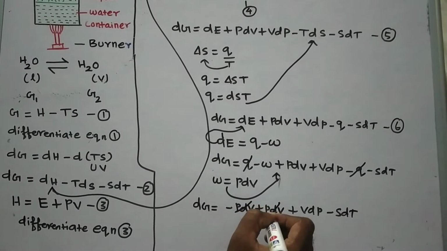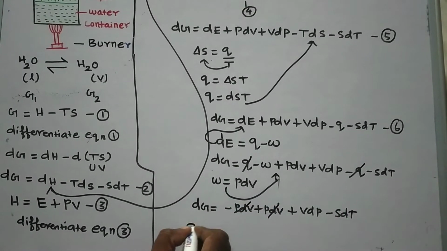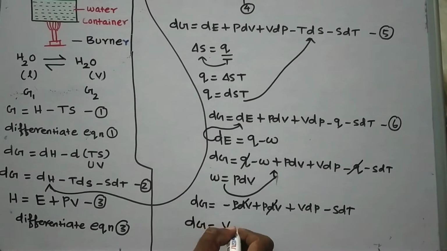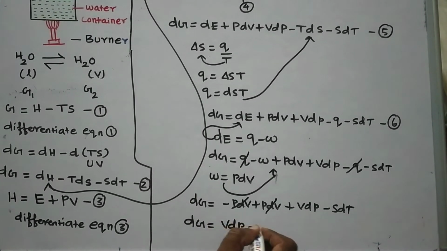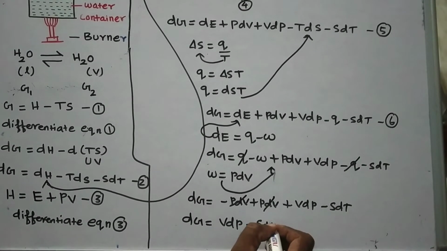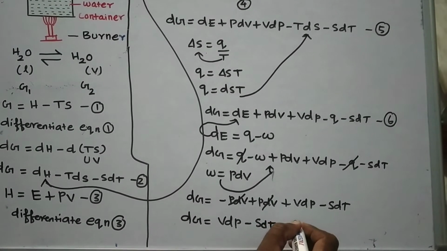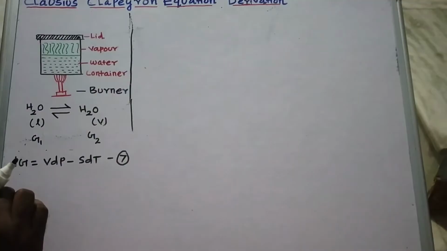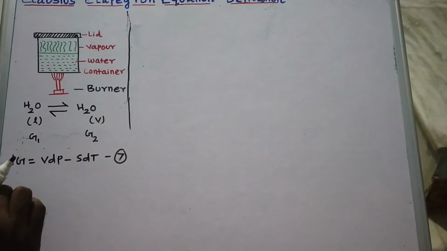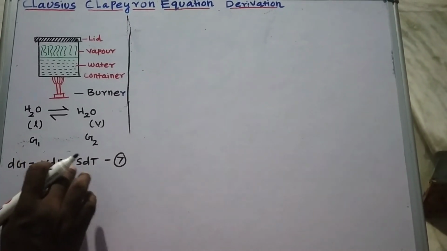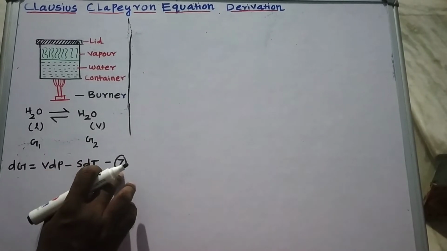Therefore they cancel each other and dG is equal to V dP minus S dT. This is equation number 7. Okay students, dG is equal to V dP minus S dT. This is equation number 7.